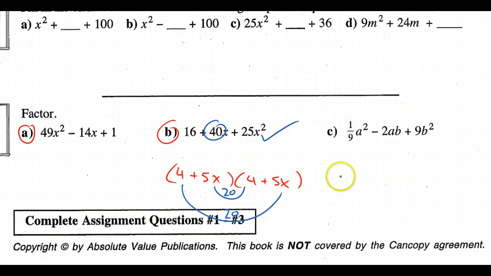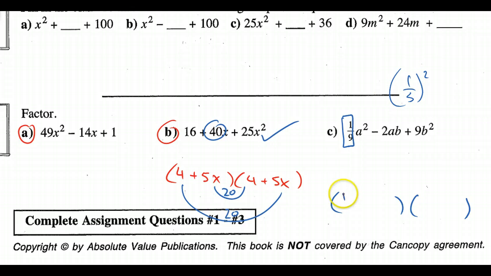This one looks a little bit harder, but 1 over 9 is a perfect square because 1 over 3 squared gives you 1 over 9. So it's going to be 1 over 3a, 1 over 3a, and then a minus 3 and a minus 3.